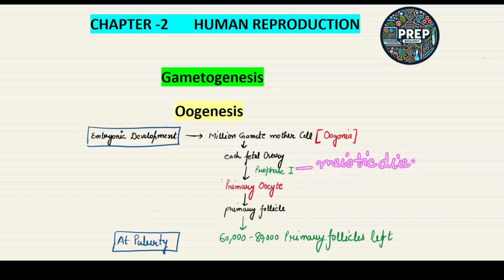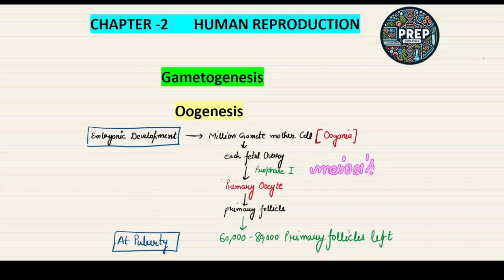Okay, so millions of oogonia are produced in the ovary of the fetus. After the birth of a girl, this oogonia divides, and it will arrest in prophase 1 of the meiosis.